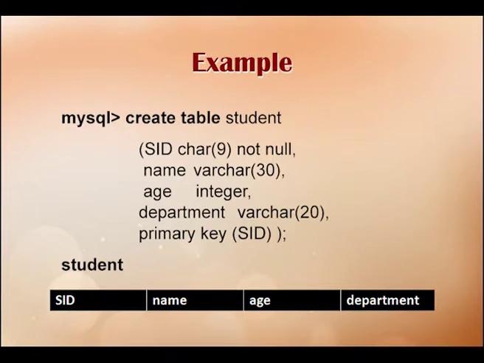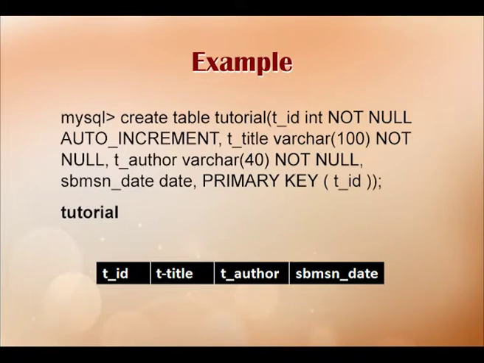Let us see another example. Create table tutorial, tutorial ID not null, and I am giving here auto increment. So, it starts from 0 or 1, whatever initial value we mention, and it auto increments, and that TID I am taking as the primary key. One thing you can notice here: whenever I am joining two words like submission date, I am not combining them as one word, however I am placing an underscore.